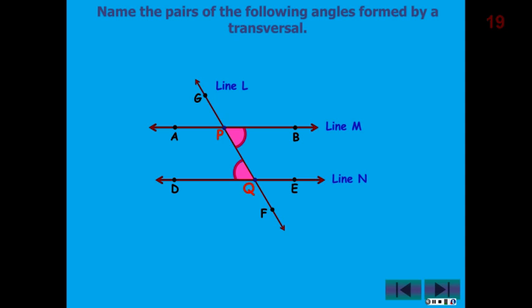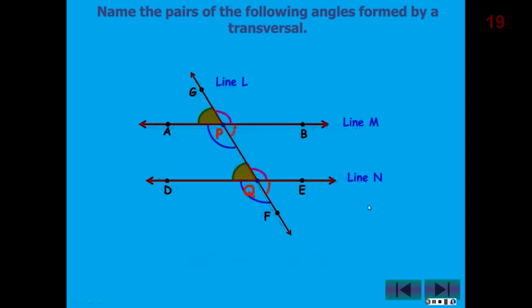Alternate, well, they're alternate angles, but tell me the location. Interior, okay? Alternate interior. Alternate interior. What about this one and this one? These two little tan ones or brown ones, what would that be?